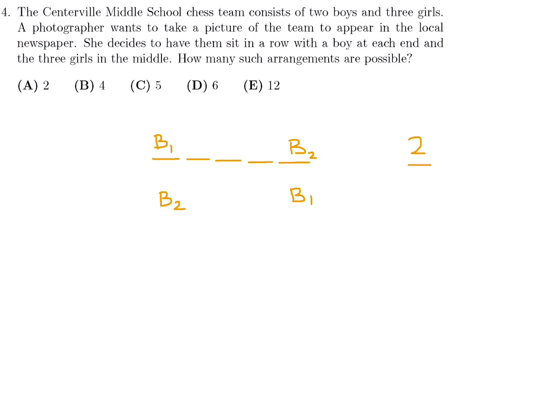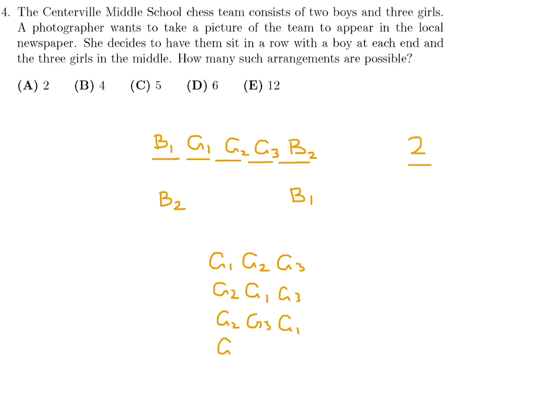And then for the girls, you have, say, 1, 2, 3, right? 3 girls. But that can be rearranged in 6 ways. G1, G2, G3. And then, of course, you can put the G1 here, the G1 here, G2, G3, G2, G3.